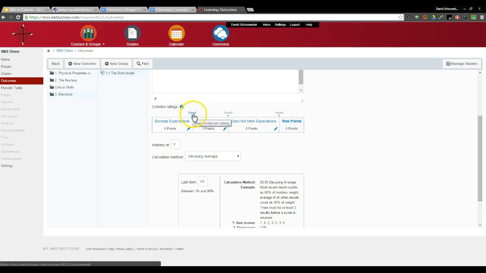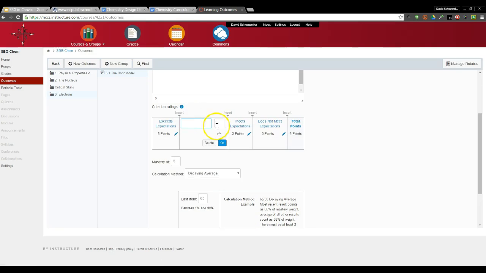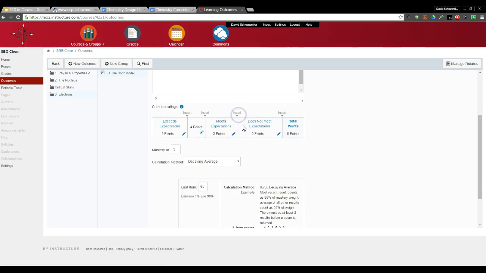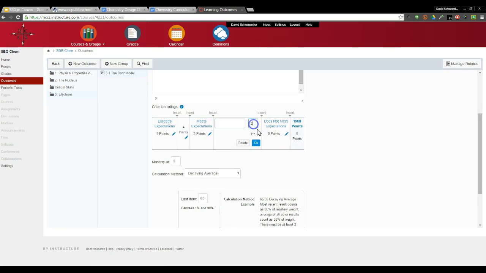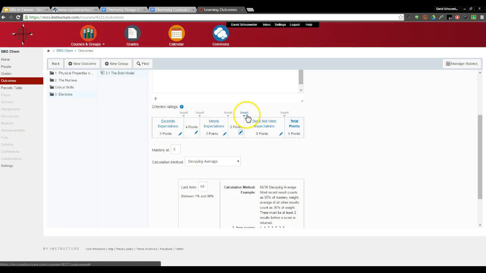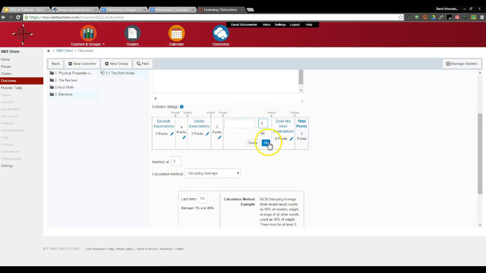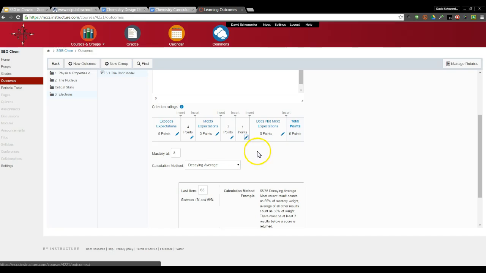But I really want to give my students more granular feedback. So I'm going to insert another box here, and I'm going to say that that's worth 4 points. I'm going to insert a box here and say that's worth 2 points. And another box between 2 and 0 in order to be able to give students 1 point. That way they can run the full spectrum between 0 and 5 points.